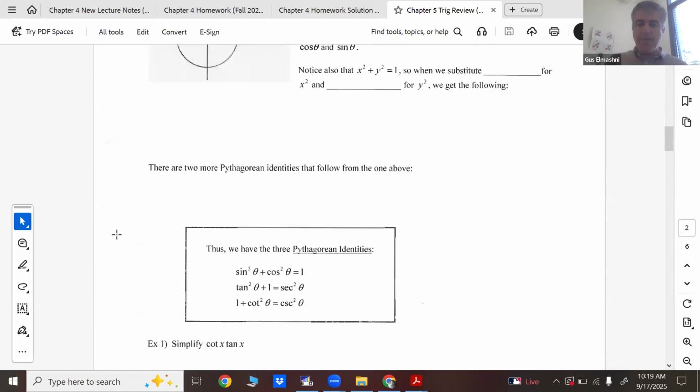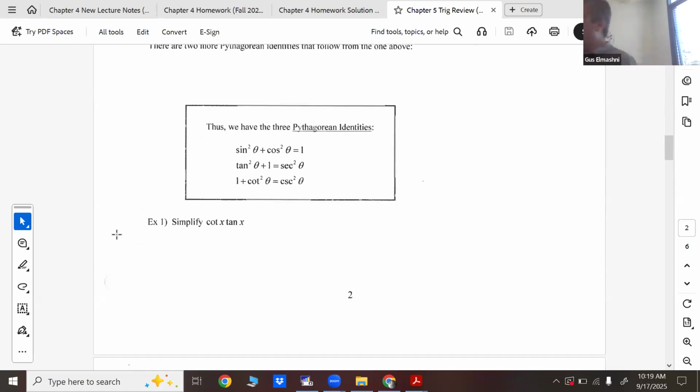But remember the Pythagorean trig identity? That is true because of the Pythagorean theorem, a squared plus b squared equals c squared. It's like x squared plus y squared equals 1 squared, because x and y are the sides of the triangle and in the circle, one is the hypotenuse. How do you get the other two variations, by the way?